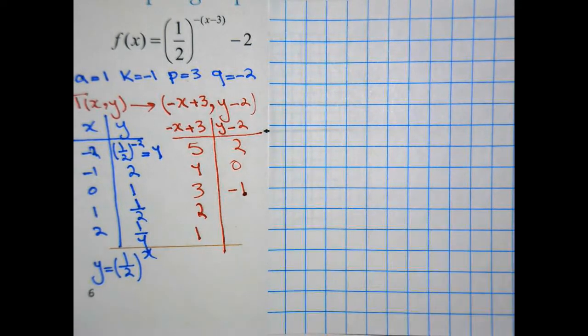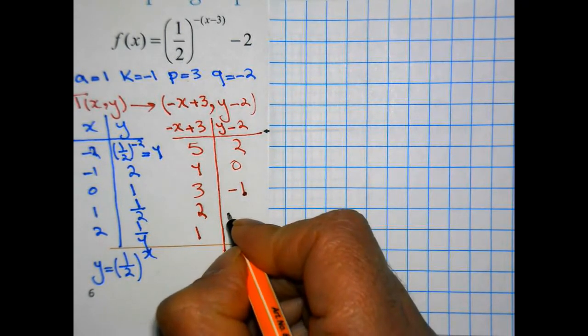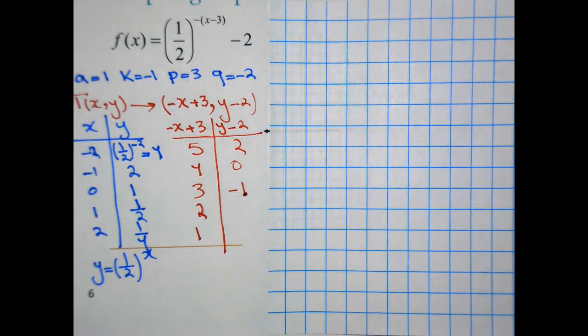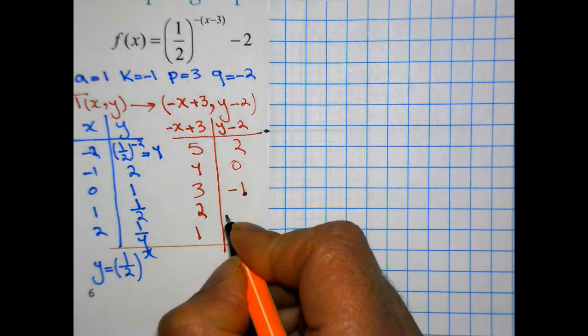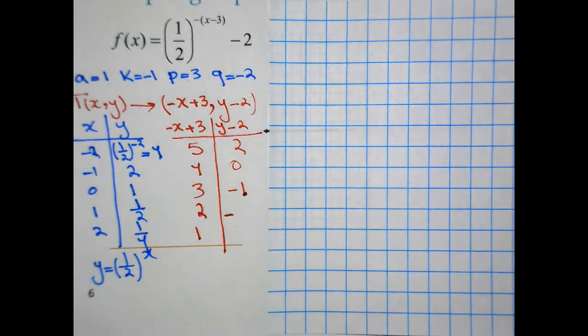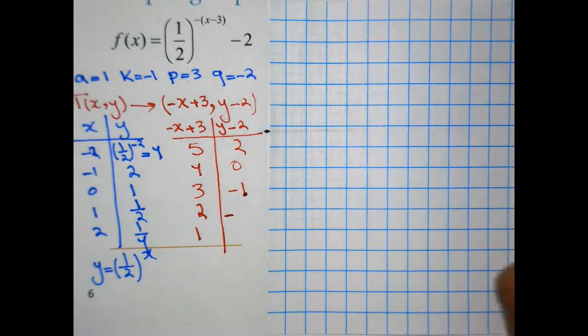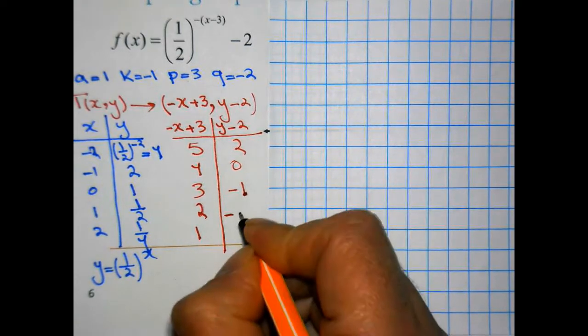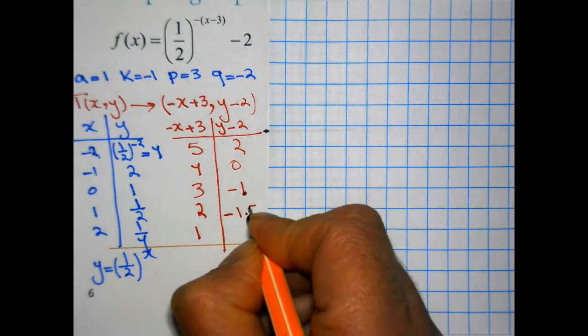1/2 minus 2 is negative 1.5. So it's 0.5 minus 2 is negative 1.5.